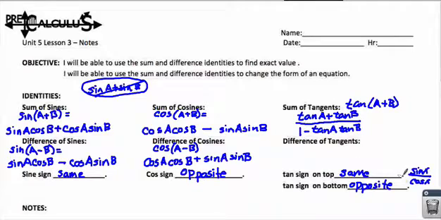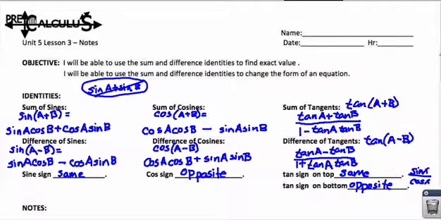Since sine is the same and cosine is opposite, hopefully that helps you remember that on top the sign is the same, and on the bottom it's opposite. When you sing this one, tan plus tan over 1 minus tan, you have to change the song when you're doing difference. So it'll be tan minus tan over 1 plus tan.